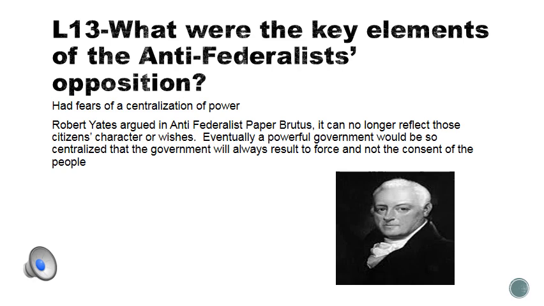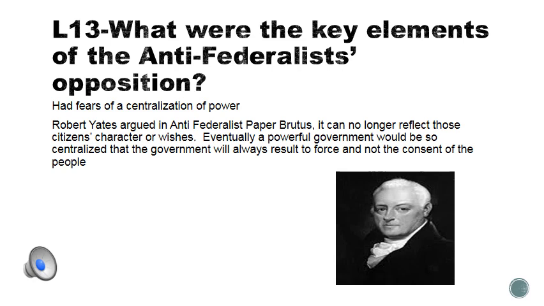Anti-Federalist Robert Yates is going to argue in a series of papers, the Anti-Federalist Papers, under the name Brutus. His first one is going to be called Brutus 1. And he says that it can no longer reflect those citizens' character or wishes. Eventually, a powerful government would be so centralized that the government will always resort to force and not the consent of the people.